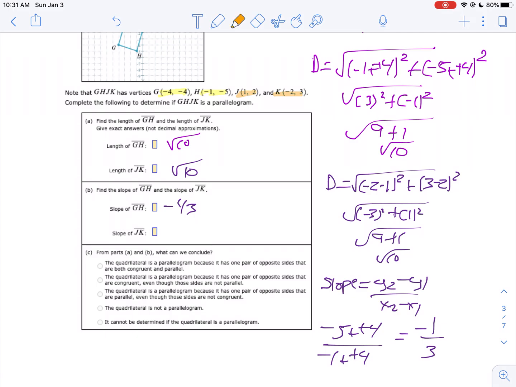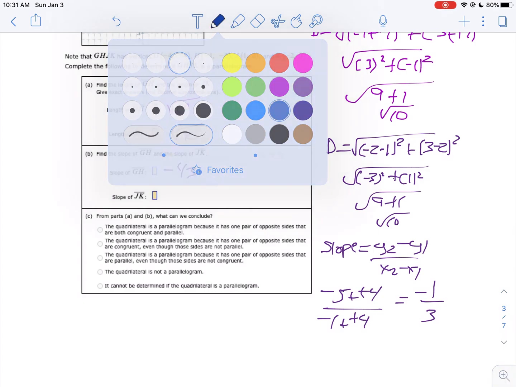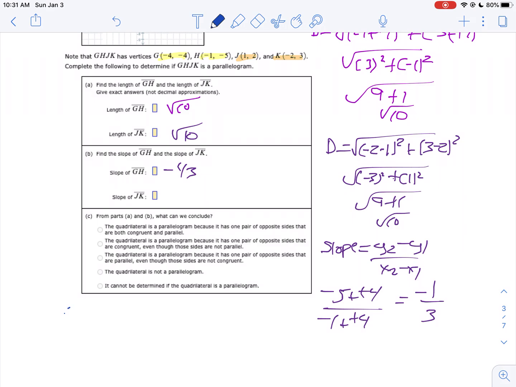We'll do the same thing for J to K. I think I'll write it over to the side here. So 3 minus 2 all over negative 2 minus 1. 3 minus 2 is 1.